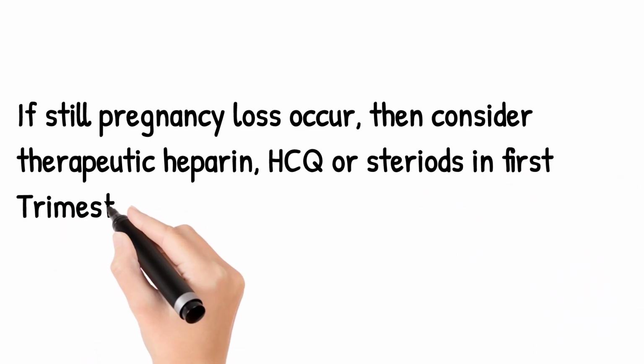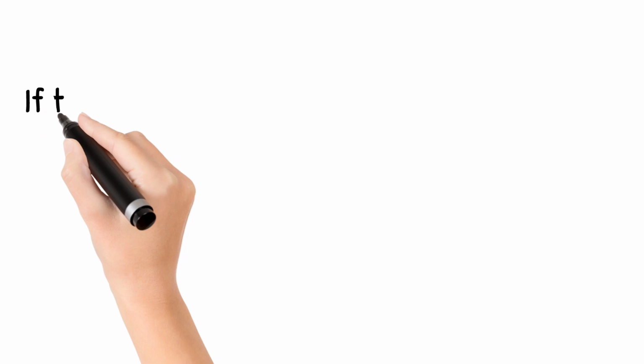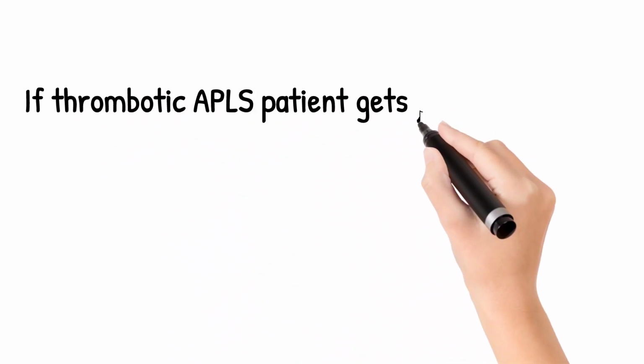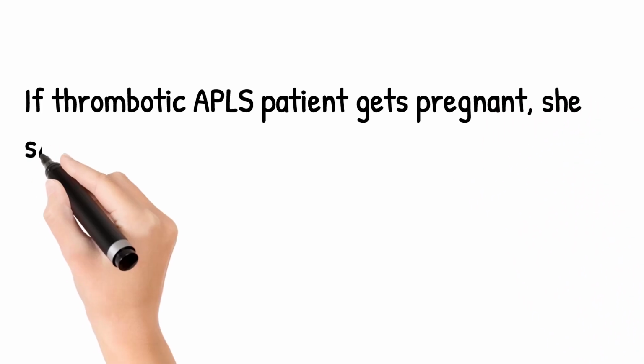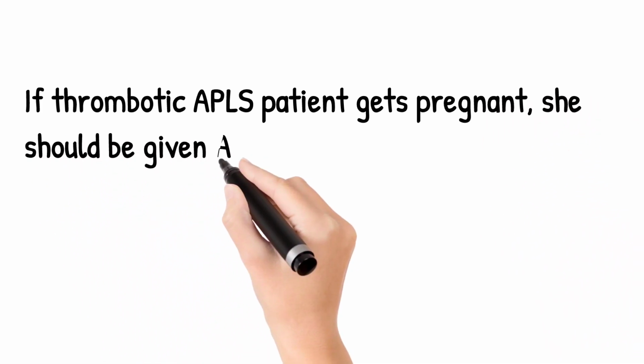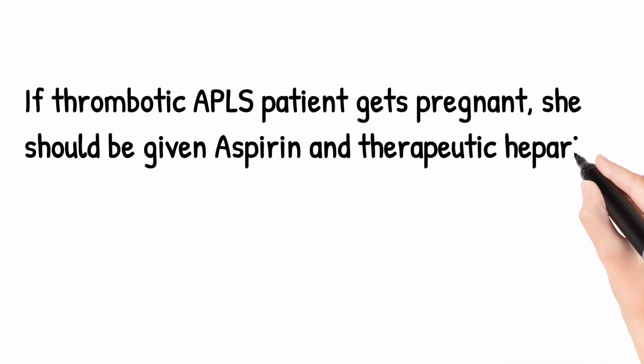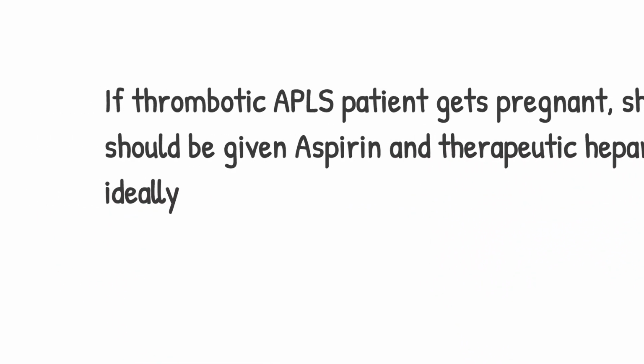HCQ or steroids can be used in the first trimester as well. If the patient has thrombotic APLS and gets pregnant, ideally this patient should be given therapeutic heparin rather than prophylactic heparin along with aspirin.